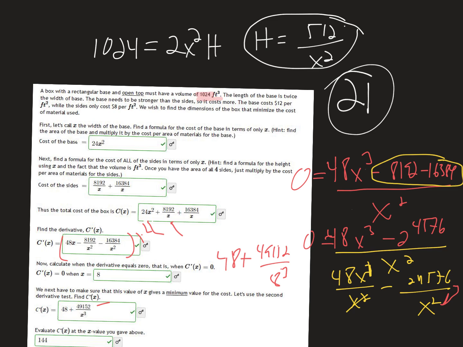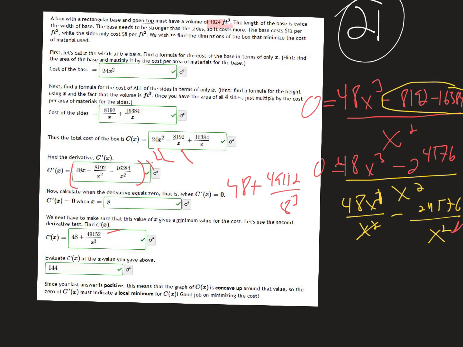That worked out to be, what did I get? Did I write it down? Oh, I wrote it there, 144. And because that's positive, it's too bad they made us actually evaluate that, but that's okay. We know it's positive. That means the function is concave up. That means that at 8, that's a minimum.